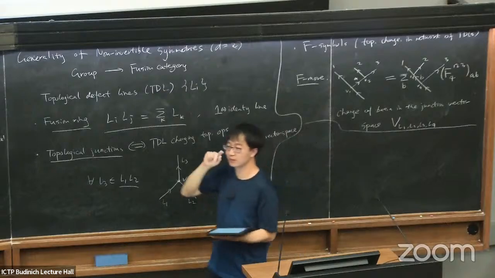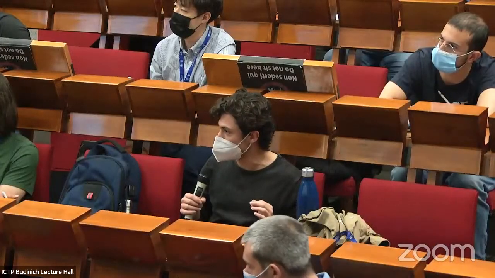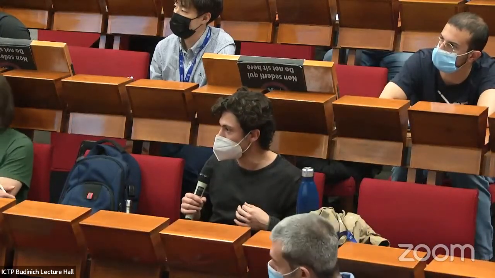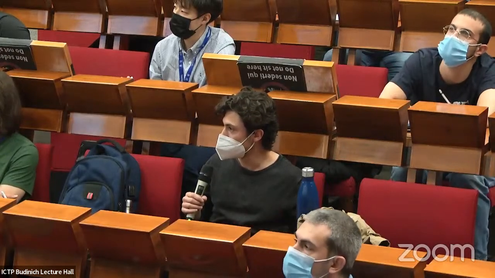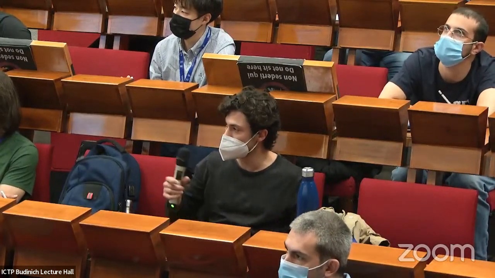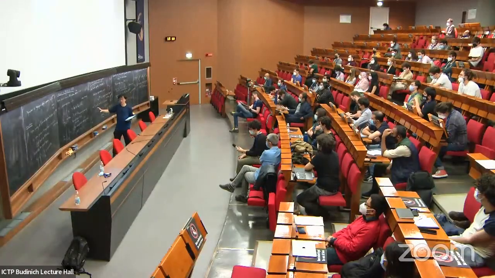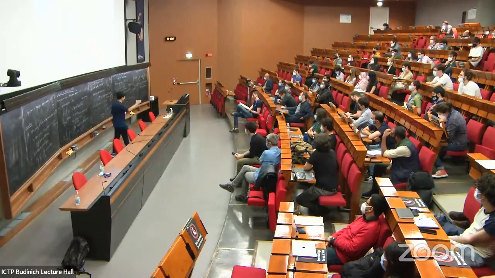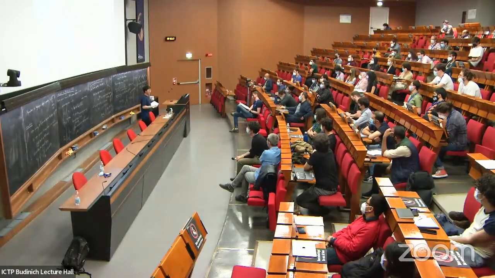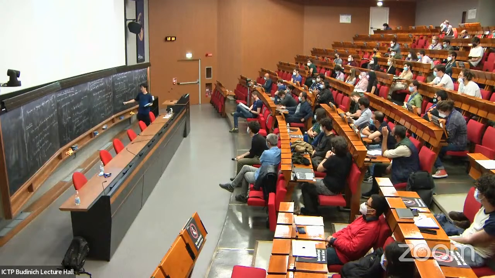Is there some interesting case in which the junctions are always 1-dimensional? Yes, of course. We'll come to that. For example, the duality defect, which shows up in the 2-dimensional Ising model as well as in 3-dimensional and 4-dimensional gauge theories. They all fall into this category, having a 1-dimensional junction vector space.